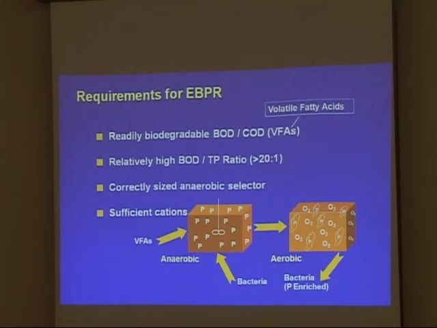They found that by having a very tight, small selector, highly loaded with the BOD coming in relative to your total phosphorus, it optimizes the treatment process. It optimizes the environment for these microorganisms to perform. And the other thing you need is sufficient cations. So what you're going to see is the volatile fatty acids are taken off. You have bacteria going into your anaerobic selector. There's a lot of phosphorus in there, not only what came in, but what these guys have released.